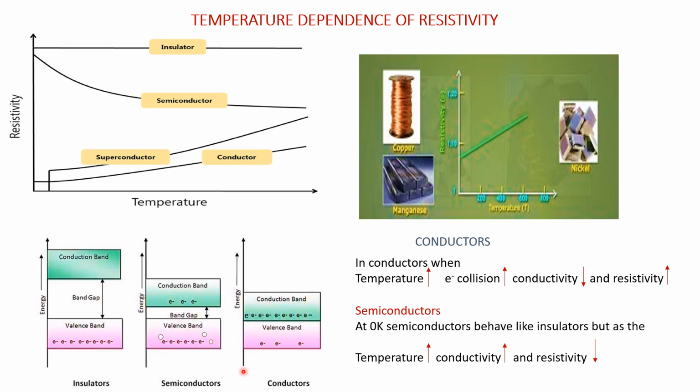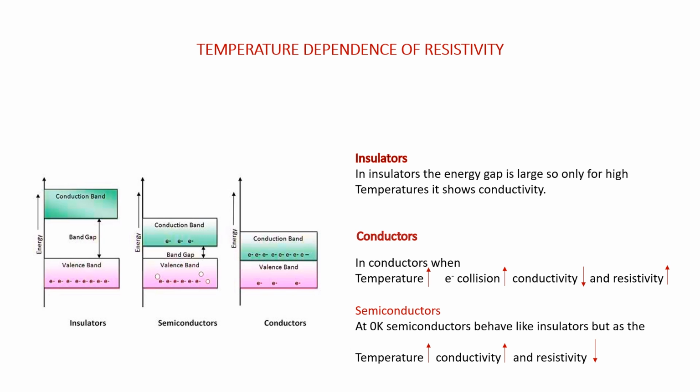So we see here that semiconductors show exactly opposite behavior compared to that of conductors. In case of insulators, there is a large energy gap between the conduction band and the valence band. Therefore, insulators show conductivity only at very high temperatures.